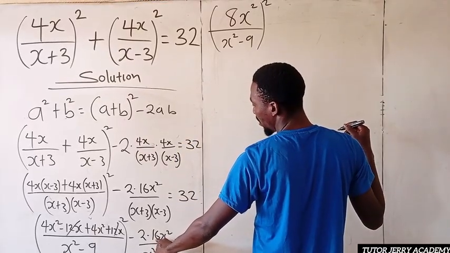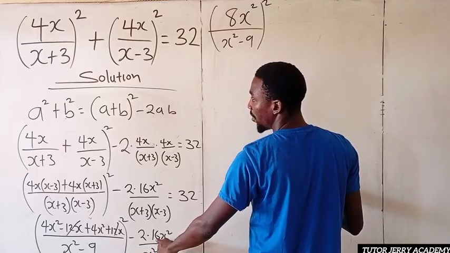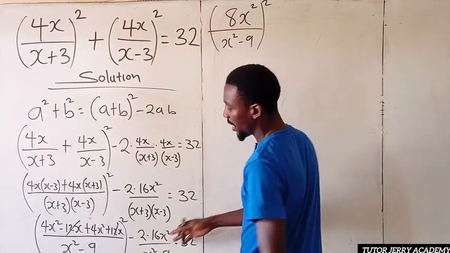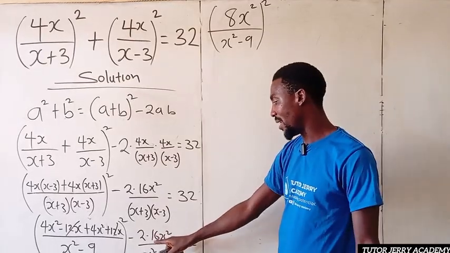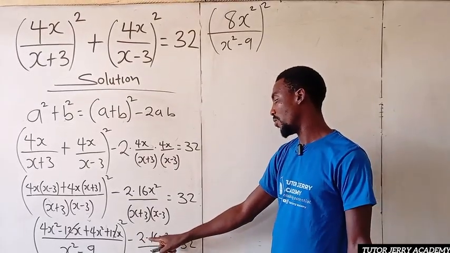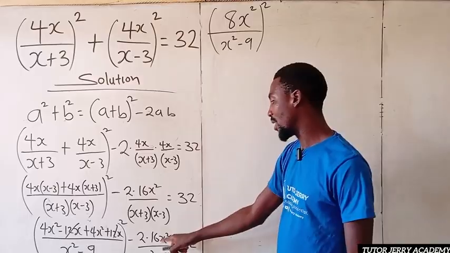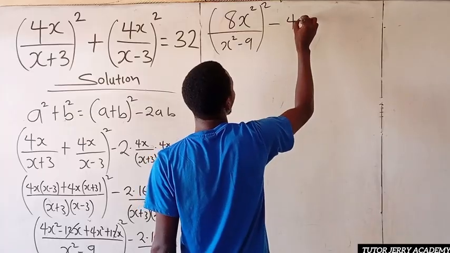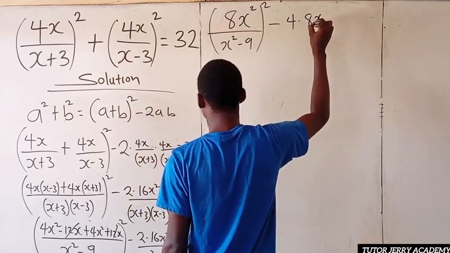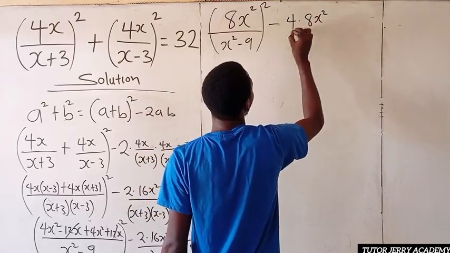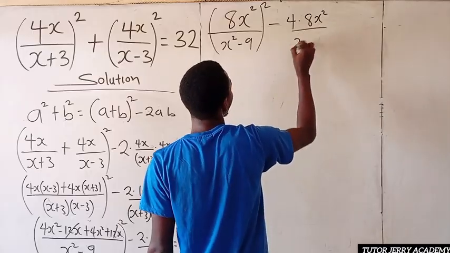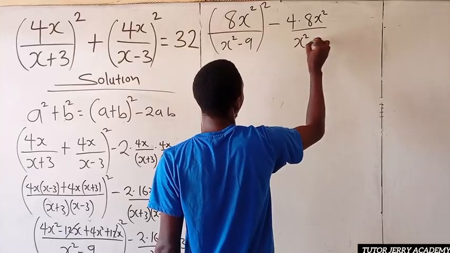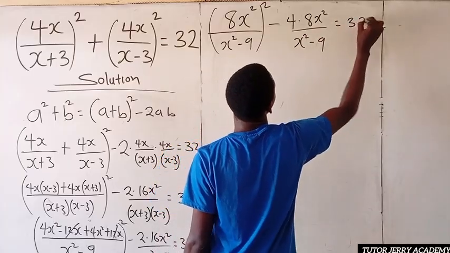All right. So here we can decide to write 16 in the form of 2 multiplied by 8. So it's going to be 2 times 2, 4. So this is going to be 4 times 8. So this is going to be minus 4 multiplied by 8s squared all over s squared minus 9 equals 32. All right.